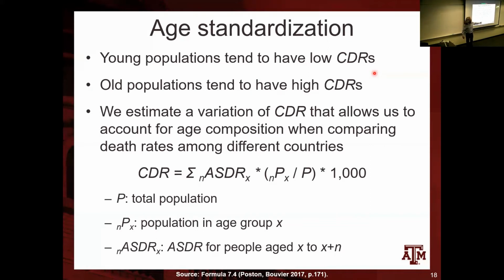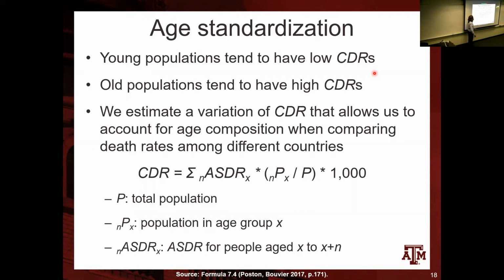And then I compare this new crude death rate of Venezuela to the original one for the US. Could I do the opposite? Yes. I could get the age-specific death rate of the US applied to Venezuela. So that would be the new crude death rate of the US using Venezuela as the standard. And then I would compare it to the original crude death rate of Venezuela.